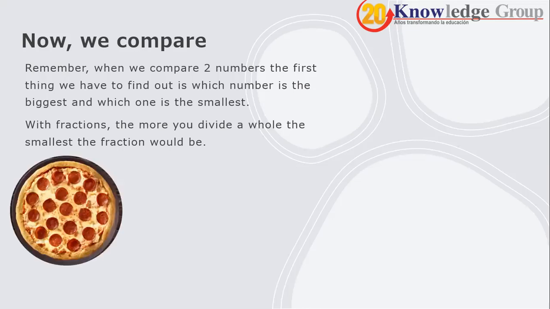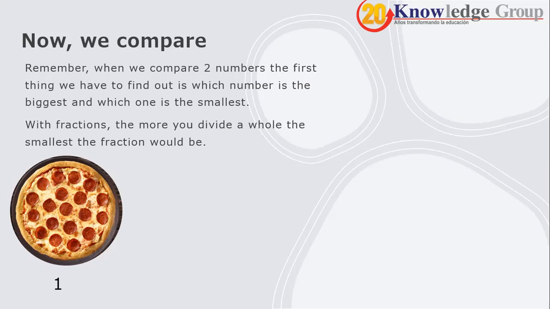We have a pizza, okay? You go to the pizza shop and you have a whole pizza. And that's represented with number 1. That's my whole. It's complete. It hasn't been divided yet. And I can divide that pizza in any number of parts, right?